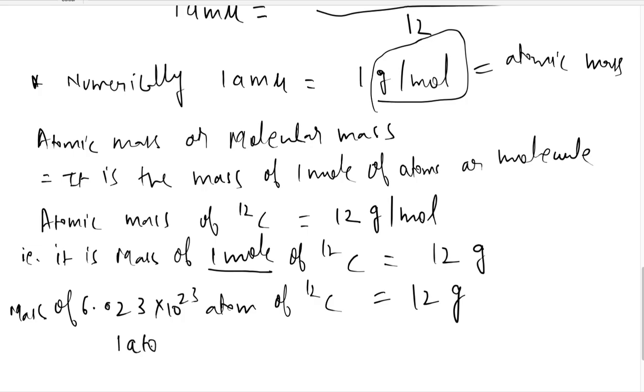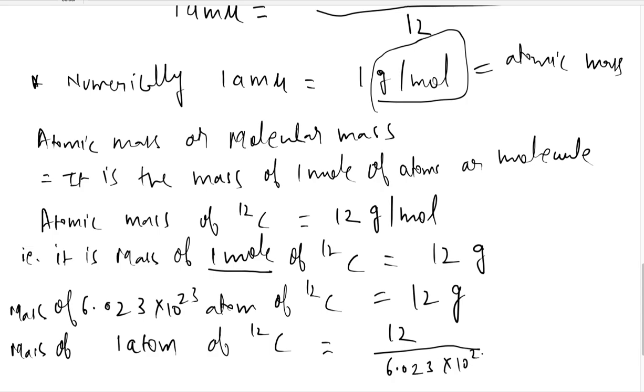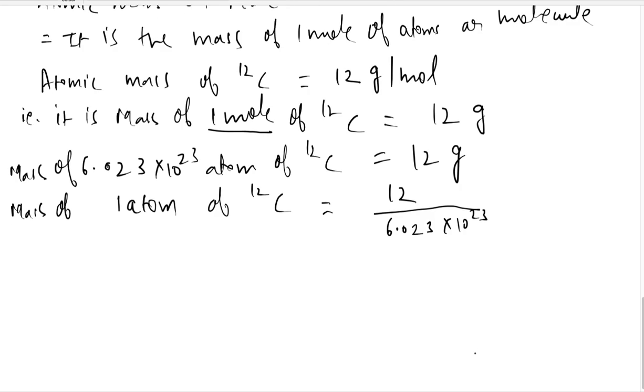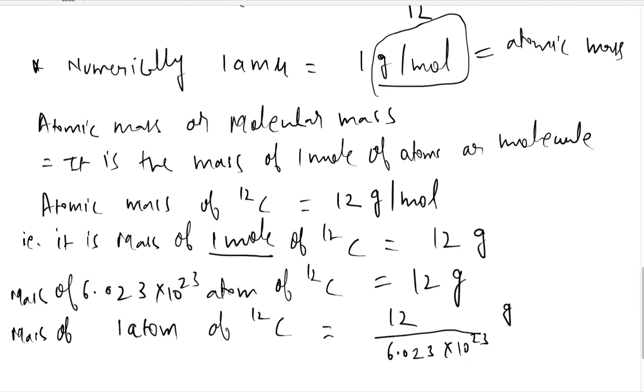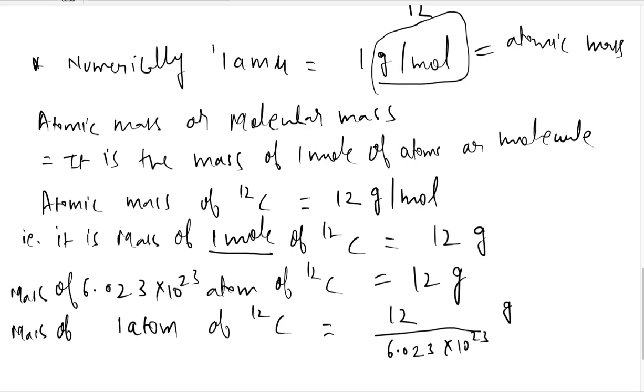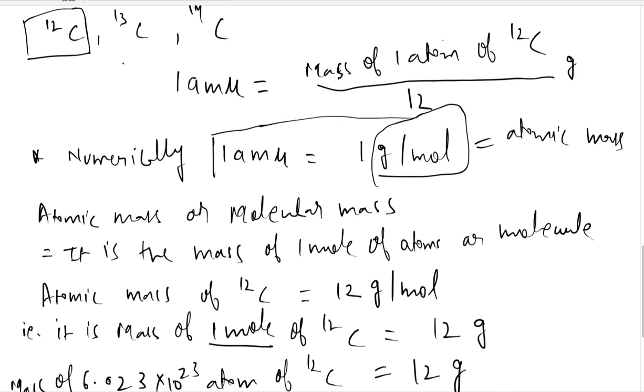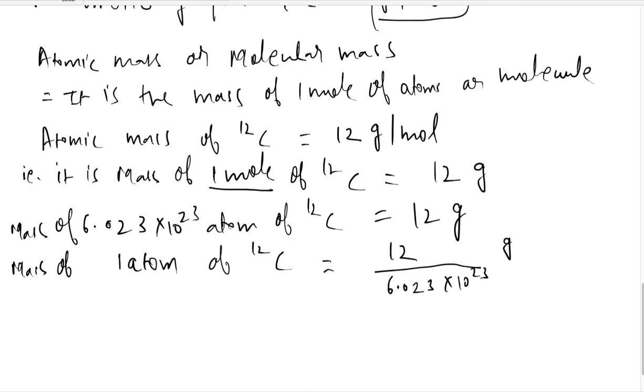So the mass of 1 atom of carbon 12 will be 12 divided by 6.023 × 10^23 gram, right? So we can just put it in the formula. The formula here is: 1 AMU is the mass of 1 atom of carbon divided by 12.